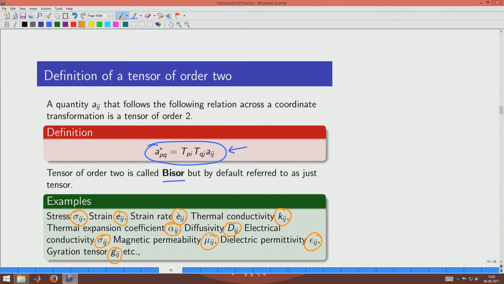So, there are a whole bunch of quantities that are actually of tensorial order 2, and some of these we are not used to representing with 9 different numbers. Some of them we have remembered only one number to represent. Under what circumstances a tensor of order 2 can have just one number and not 9 numbers will be clear in the next session. But for now, remember that the most generic way of defining these quantities listed here is to call them tensors of order 2.